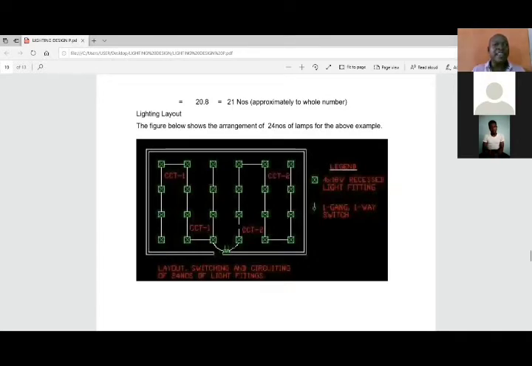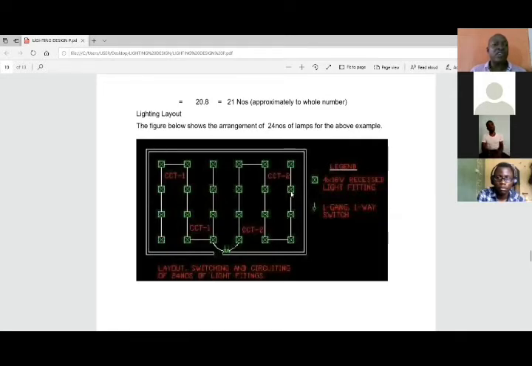If I'm using 7 by 3, that means I will have 7 fitting on the horizontal plane this way and have 3 on the vertical plane. It will make the horizontal space to be congested, and at the same time, the vertical plane will be widely spaced, which is going to affect the reflectance of the lighting fitting in terms of coverage.